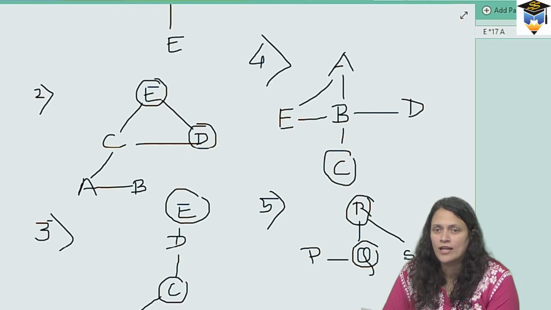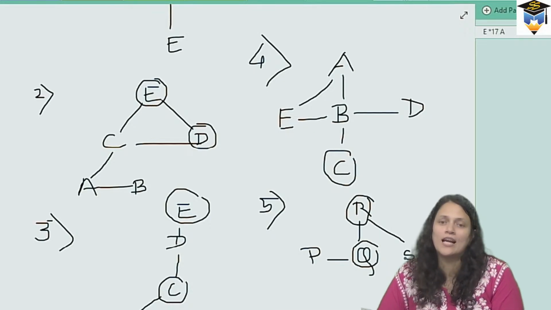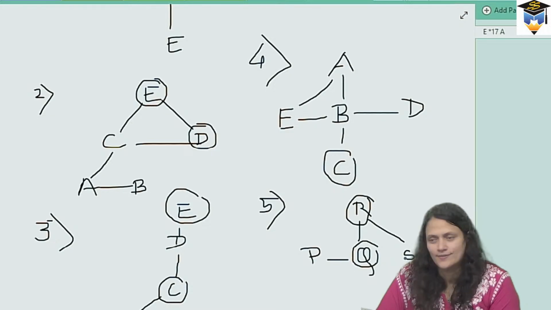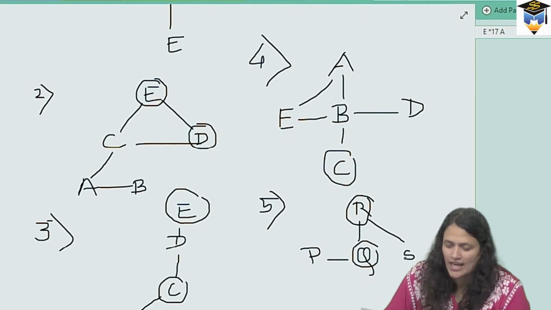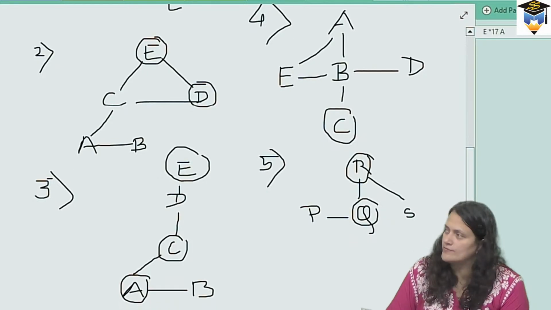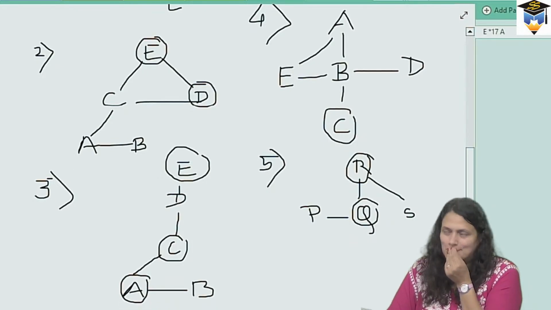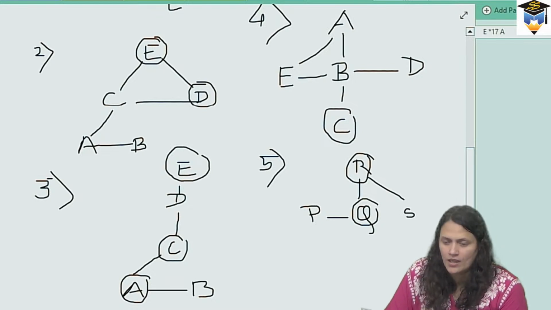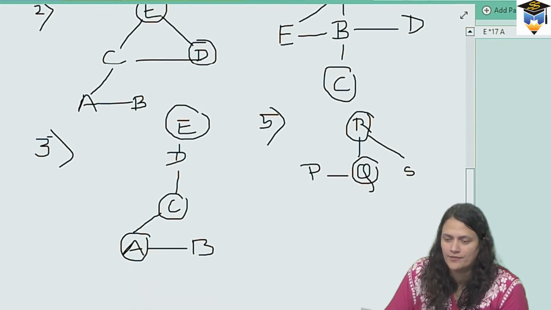A brother's daughter is niece and son is nephew. Mother-in-law. Correct. R is the mother-in-law of P. Now let us do the sixth one.